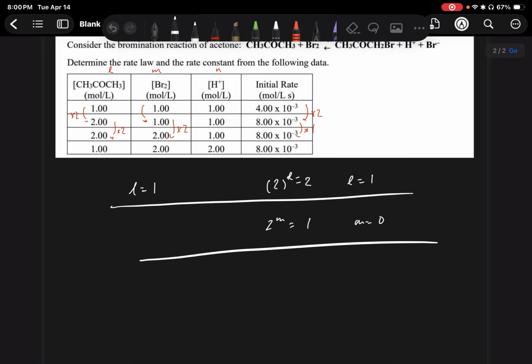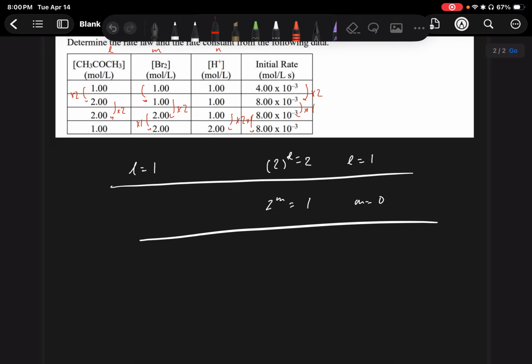How do we do that? Well, if this is times 1, if this is consistent, this is times 2, then this is going to be times 1. Why is it not?